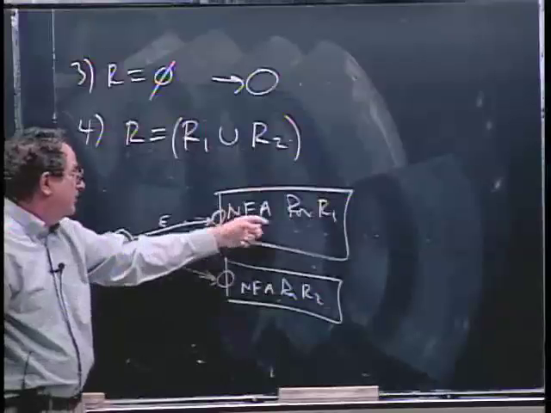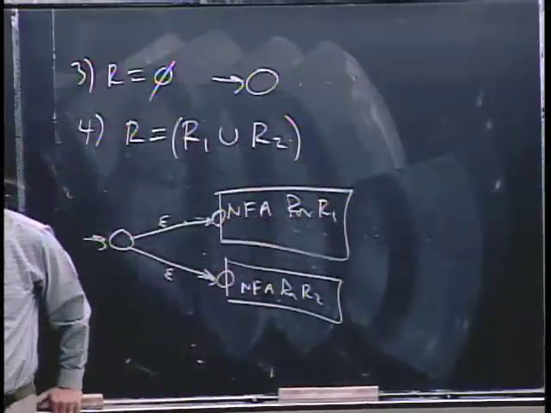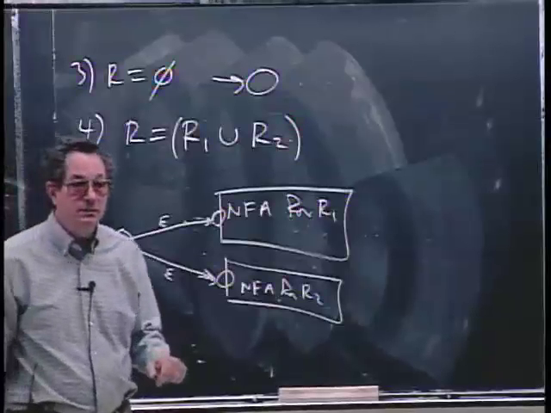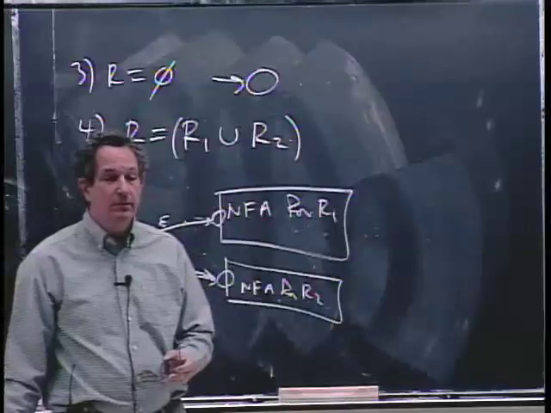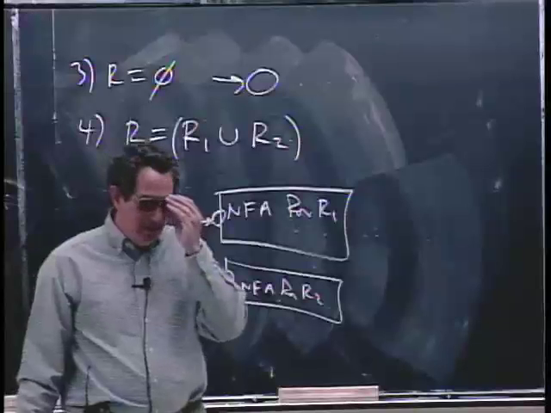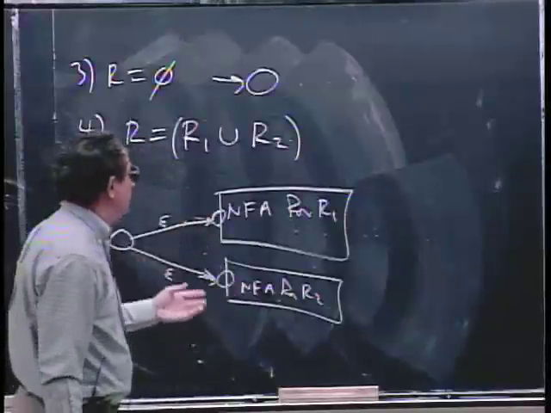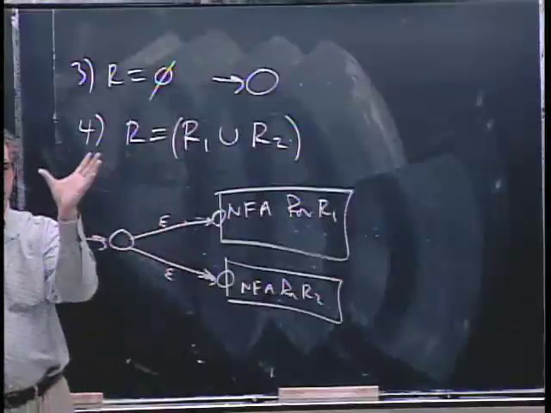By the way, how do we know that we have an NFA for R1? Okay, yeah. If we can establish recursively that all regular expressions can have an NFA, then recursively R1 and R2 have to. Yeah, in a sense, we're doing this construction from the smaller regular expressions up to the bigger ones.